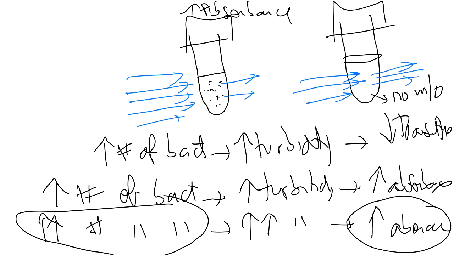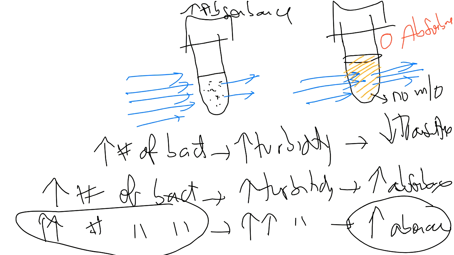And we tell the machine this is zero absorbance. We have to tell the machine what zero is. That's called calibrating the machine. Part of the reason why we have to do this is because we oftentimes are not using water, we're using medium that has a yellowish color to it.